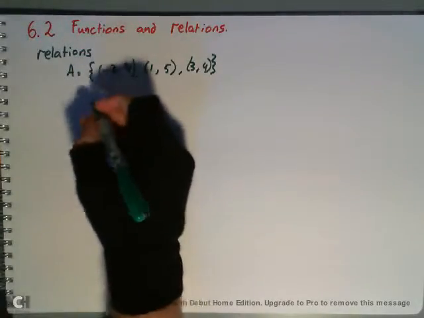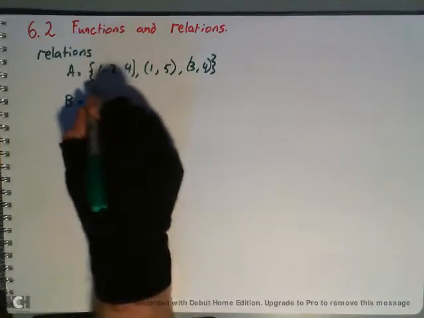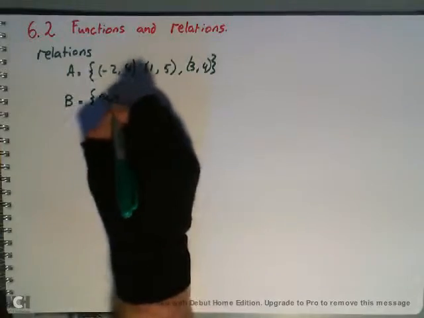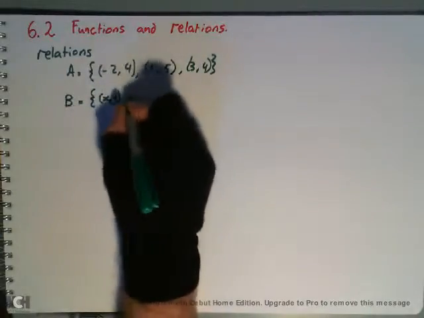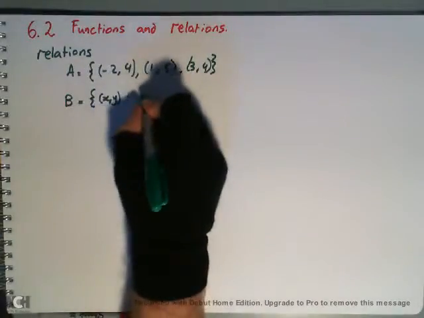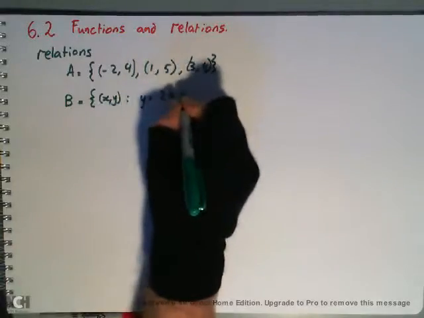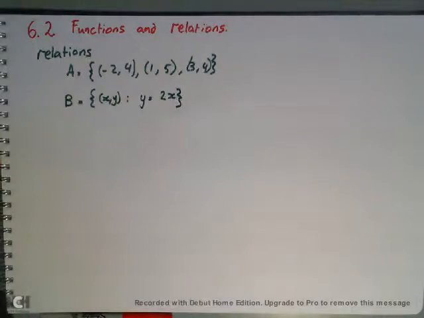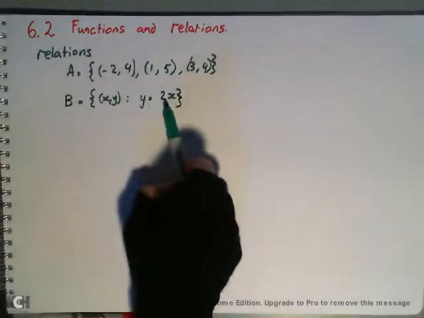We can say B will be the points (x, y) such that y is equal to 2x, where the ordered pairs are described by a linear function or linear equation. Okay, y equals 2x is linear.